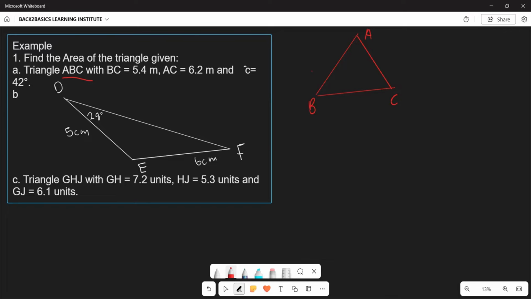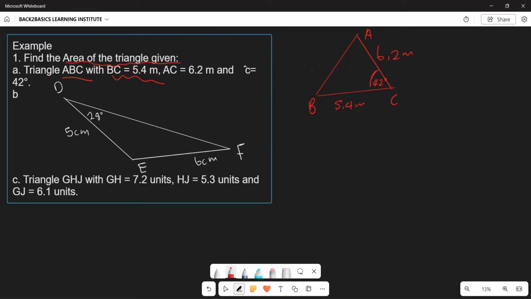BC is 5.4 meters, and AC is 6.2 meters. Your angle C, which means this angle, is going to be 42 degrees. And after this, they want you to find the area of the triangle given.